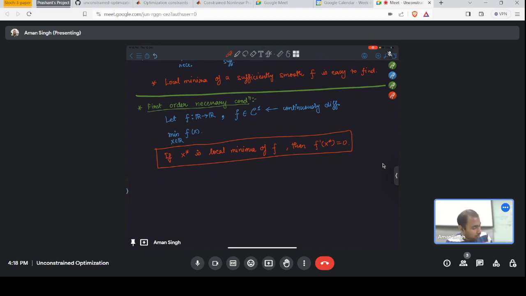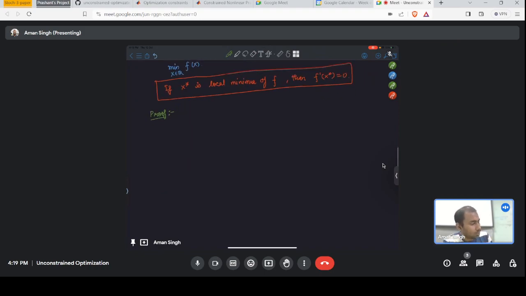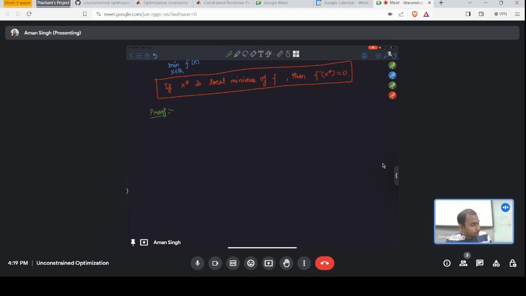But can we prove it? Why is this true? So how do we go about proving it? If you look at the statement, if x star is a local minimum of f, then f dash x star is equal to 0.